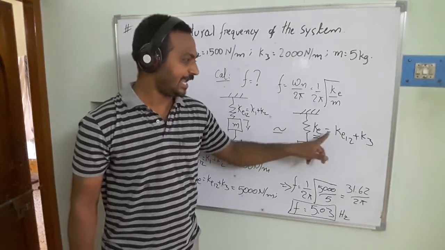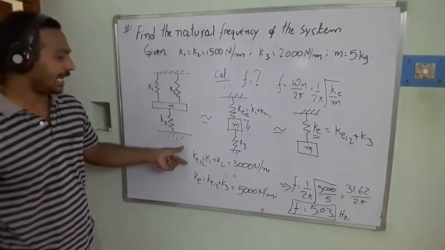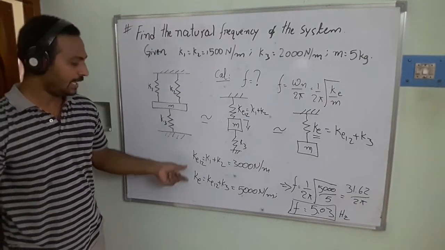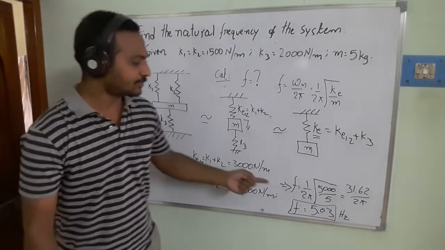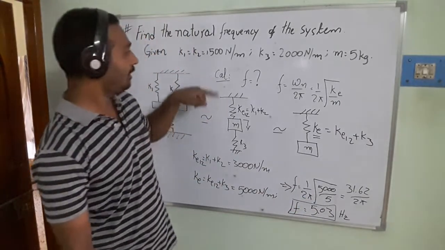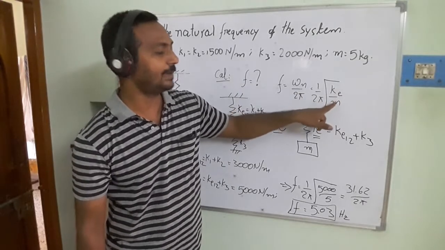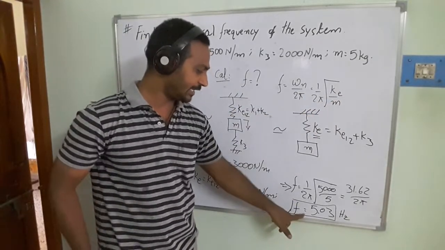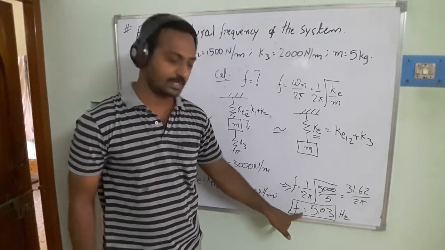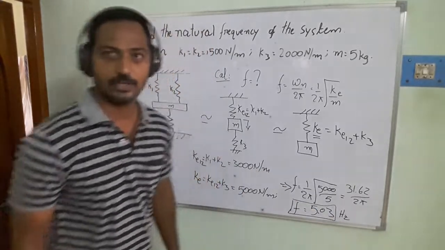So KE is equal to KE12 plus K3. We calculated KE12 and KE. Then I substituted in the frequency F is equal to 1 by 2 pi square root of, omega n, that is square root of KE by m. Finally we got the natural frequency for this system equal to 5.03 Hz. Thank you. I hope you understand.